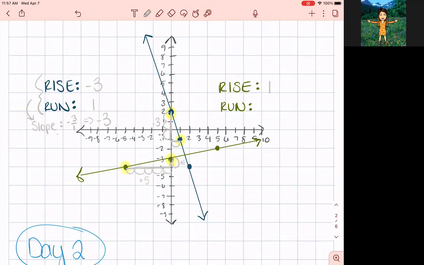To the right is a +5. So when we put those two together, we'll get a slope of a rise of 1, run of 5. That can't be simplified, so 1/5. So that's how we find slope just on a graph.